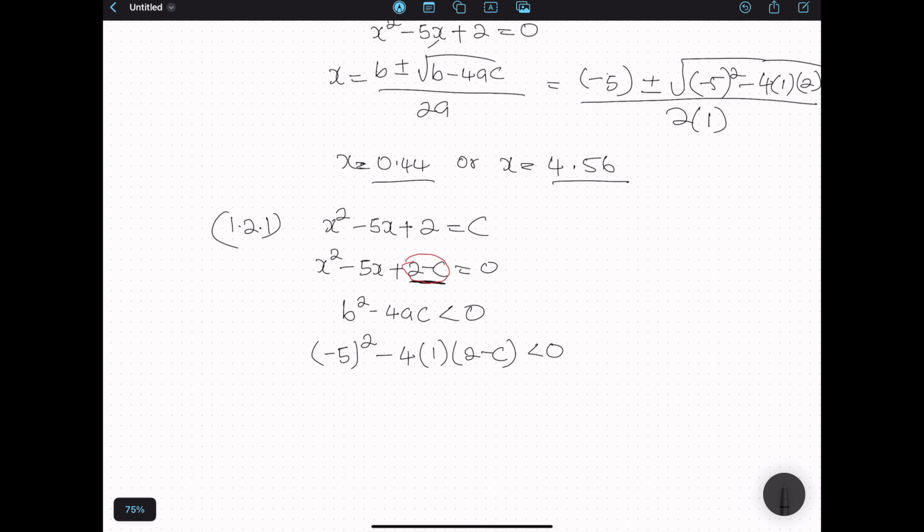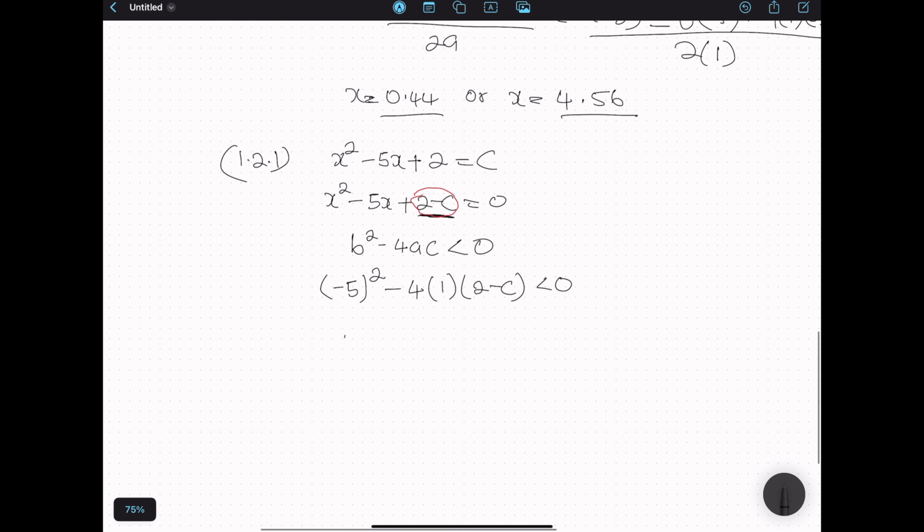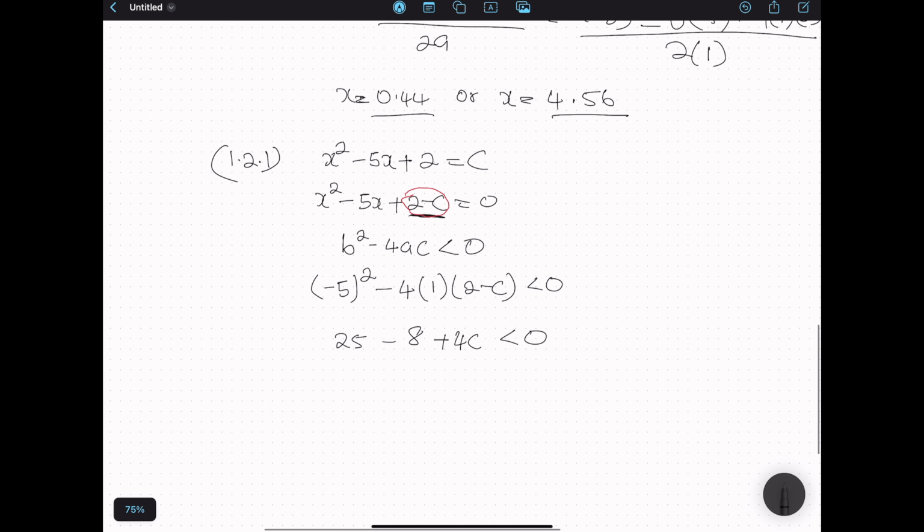We just want c, so simplify this to get c. We have 25 minus 8 plus 4c, because minus and minus give plus 4c, less than 0. Then we have 4c less than 25 minus 8, 17. It is going to be minus 17, because you are taking it to the other side. Therefore c is less than minus 17 over 4.